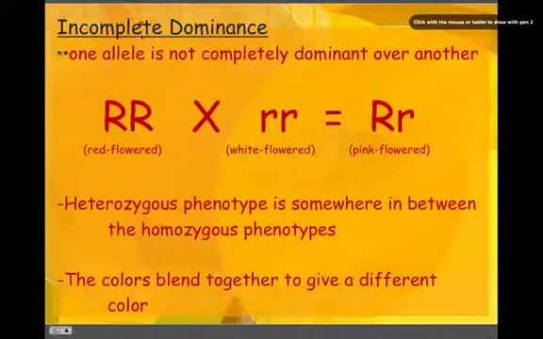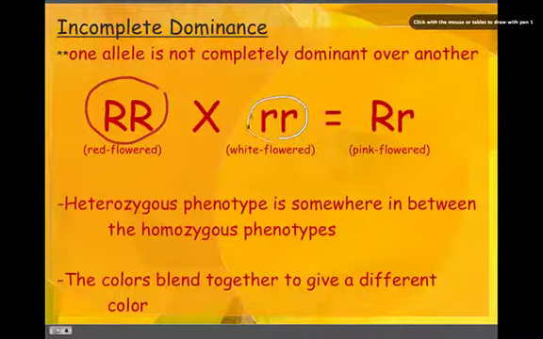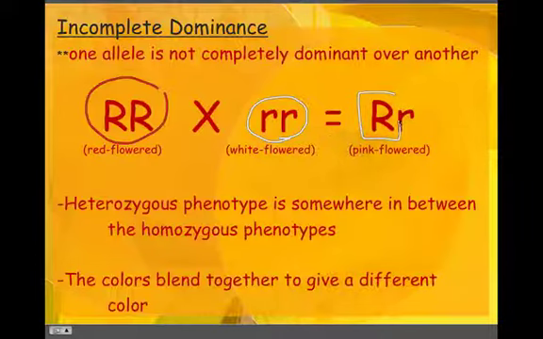So for example, you have a red flower that you're going to combine with a white flower, and instead of getting the way that you learned it with a straight dominant and recessive, if you saw the big R, you would think that that is a red flower.